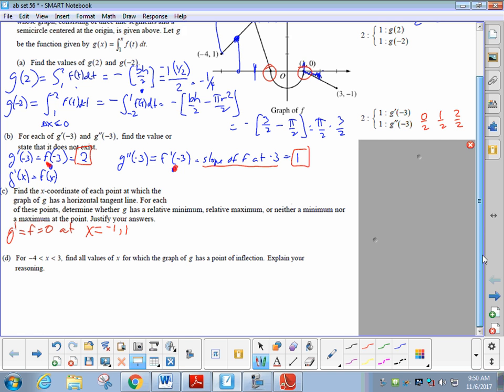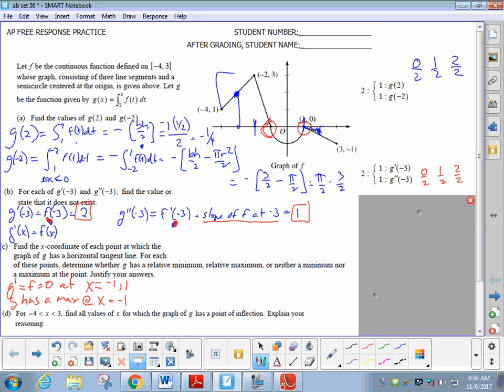Max, why? Yeah, you need to have a subject. Please don't just say max at. G has a max at x equal -1. Please don't say -1, 0. I can't tell you how many people will say G has a max at -1, 0.